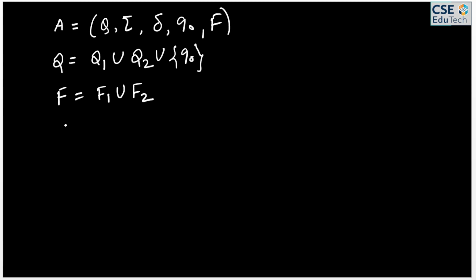Now how can we define the delta in this new automaton A?